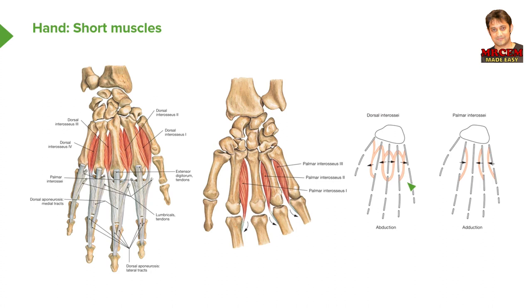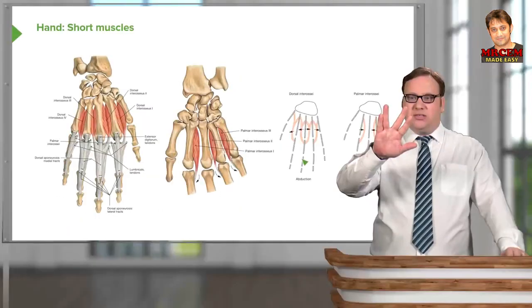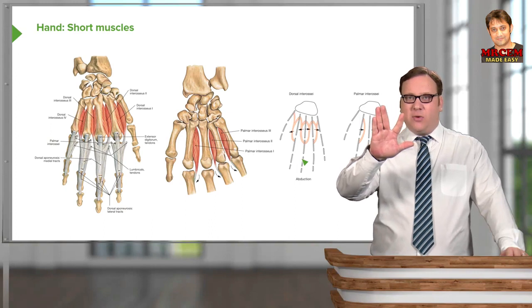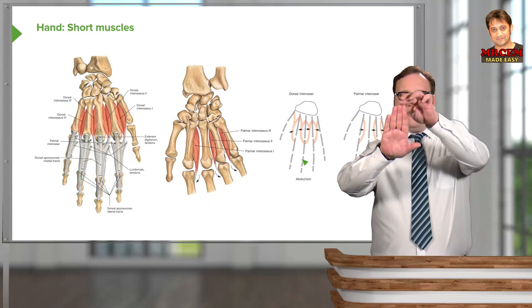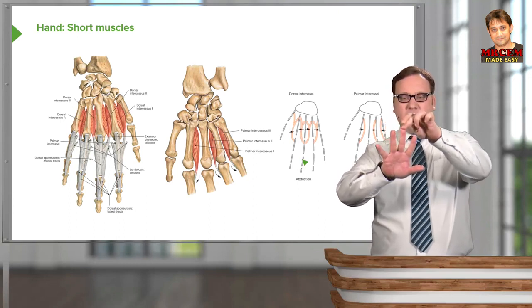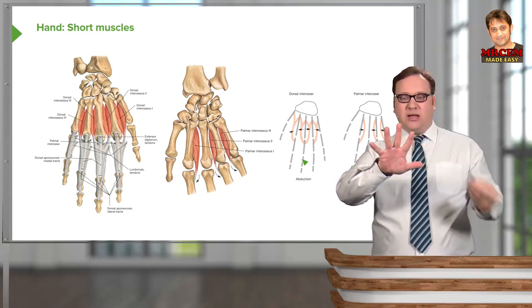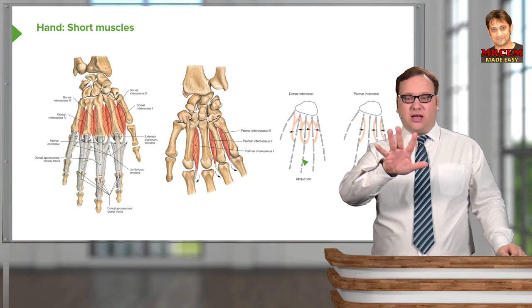For the fingers, we don't talk about abduction and adduction as moving them towards the midline of the body. We talk about moving away from this axial line. Therefore, the middle finger can both abduct this way and it can abduct that way, whereas the other fingers will all abduct away from this axial line like that. The middle finger can abduct away either side.